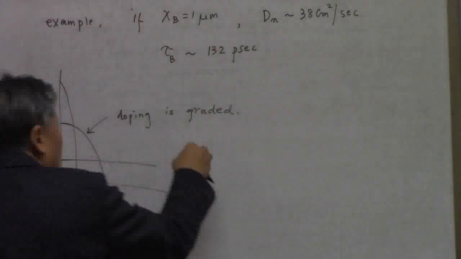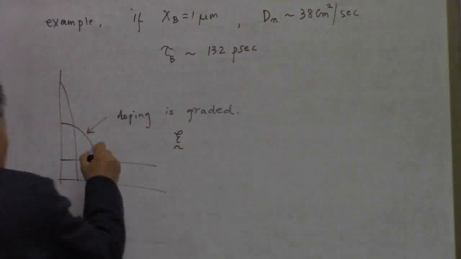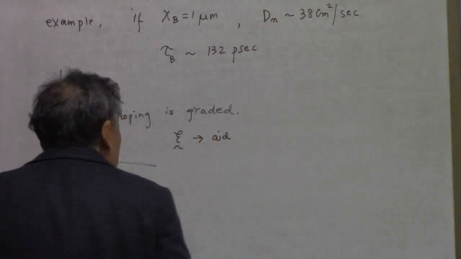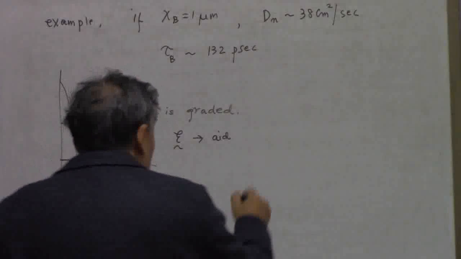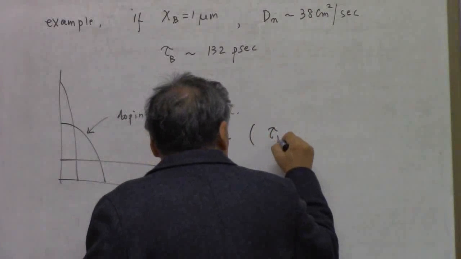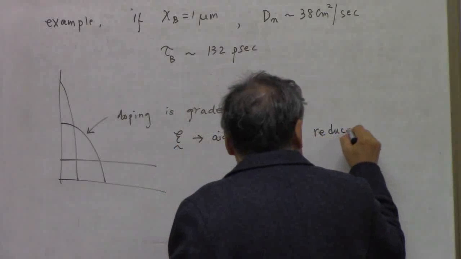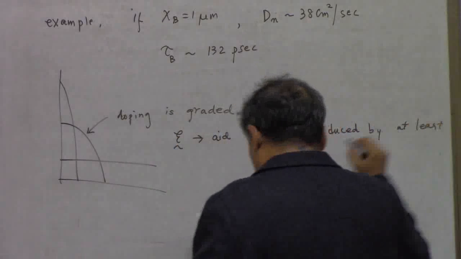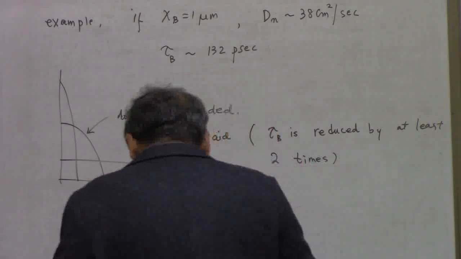With graded doping, we have a built-in electric field, and this built-in electric field will aid the transit time, which means tau_B is going to be reduced by at least 2 times. That's good.